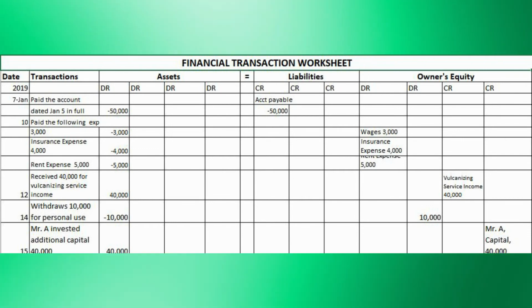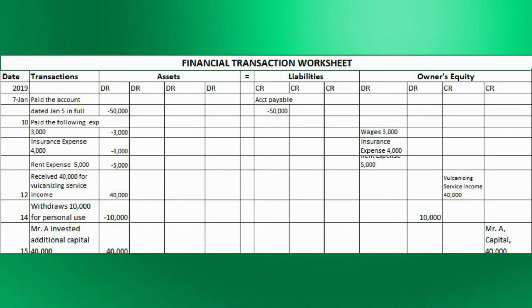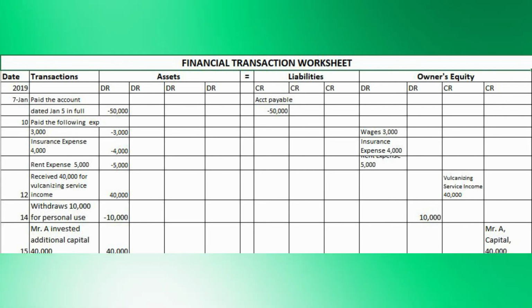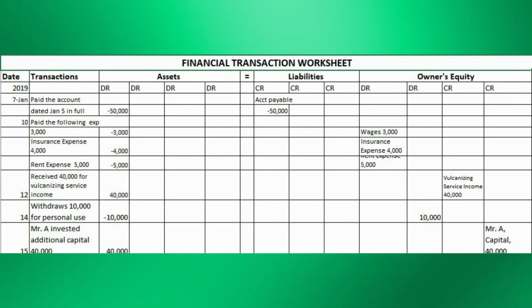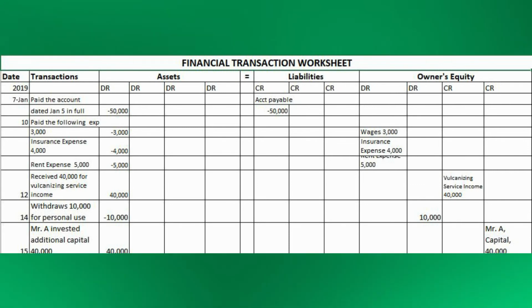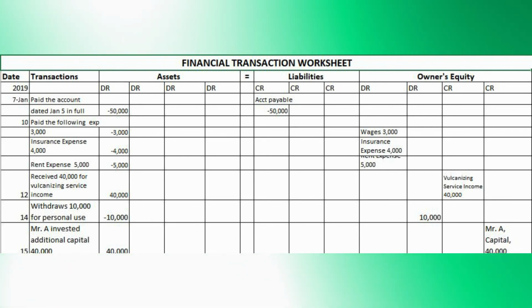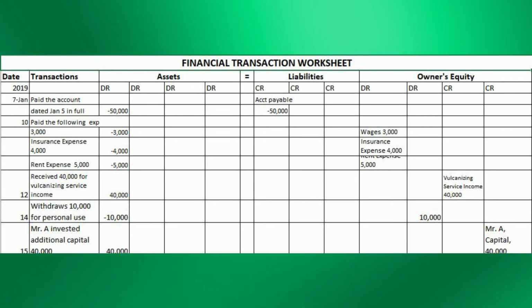January 14, a withdrawal of cash for personal use by the owner. So on the left side, you have a decrease of cash, 10,000, and on the right side, you have under the owner's equity drawings, Mr. A drawing, 10,000.